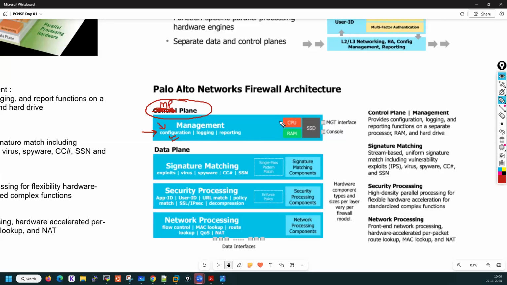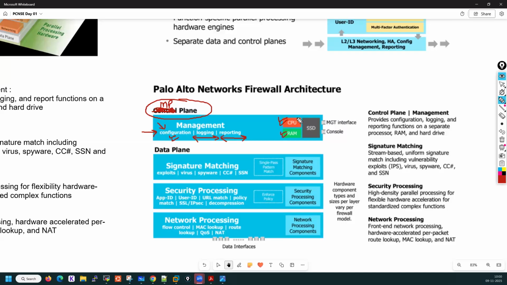Management plane CPU and RAM is utilized in this task. Your logging, whatever log is generated in your Palo Alto firewall, is also handled by the management plane. And the reporting, whenever you generate any type of report in your Palo Alto firewall, that reporting task is also done by the management plane.